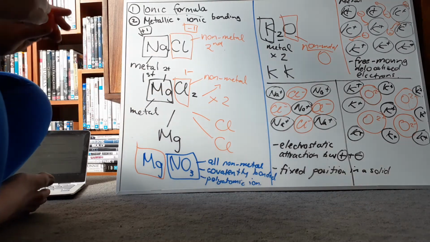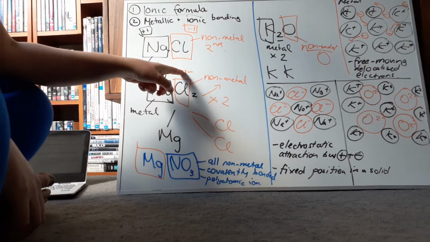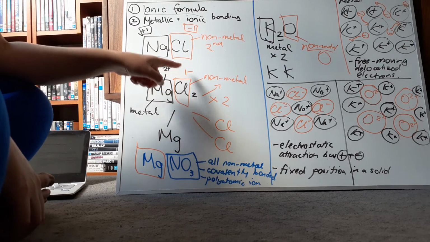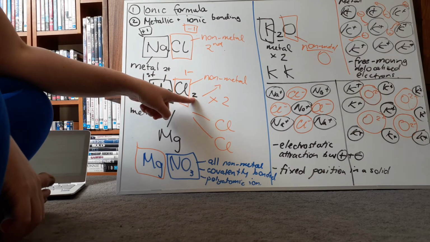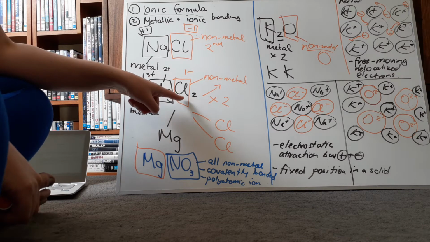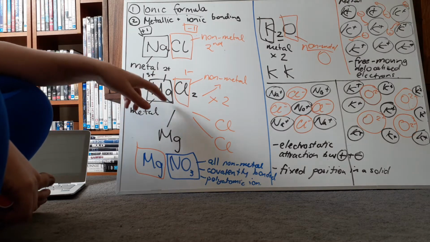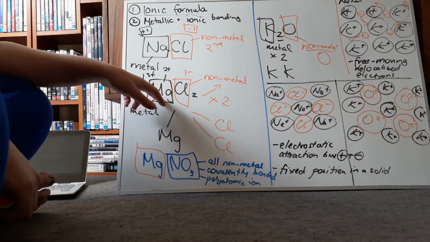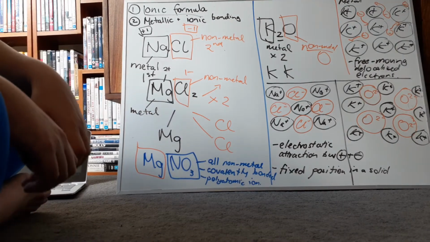So what we need to do to balance out that charge is we need 2 lots of these chlorines to balance the charge of the 2 plus, which is why we have the little 2 here. What I'm saying is that for every magnesium ion, I need 2 chloride ions to neutralize the charge, right?